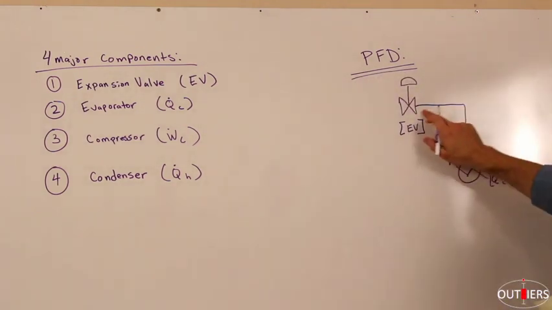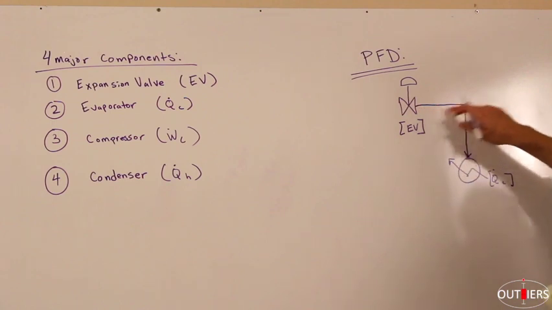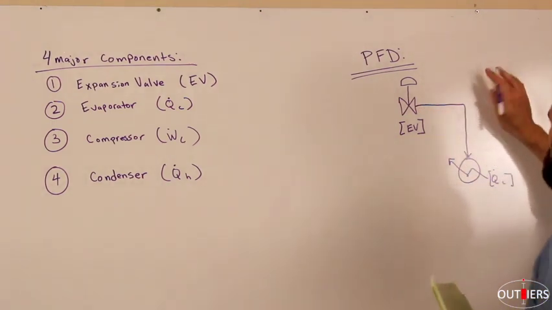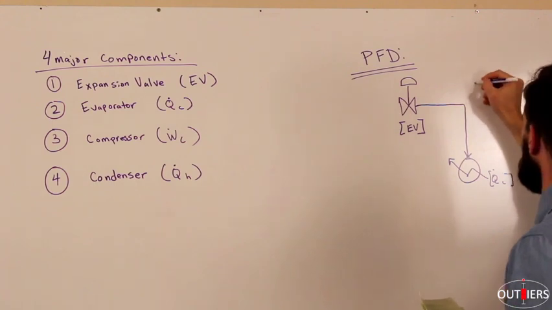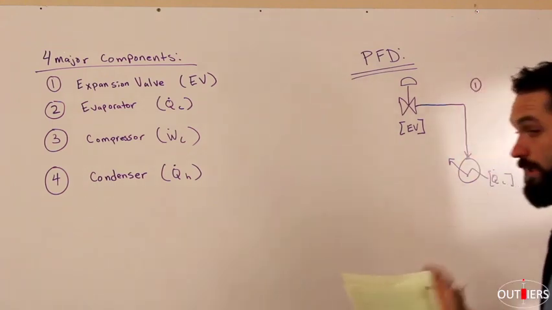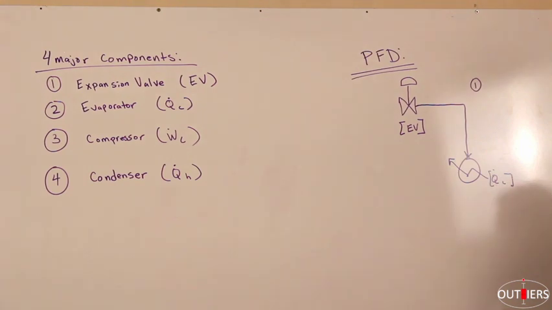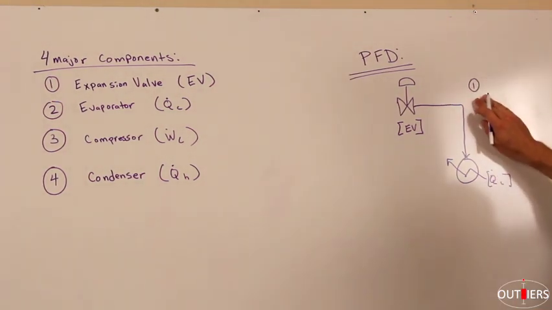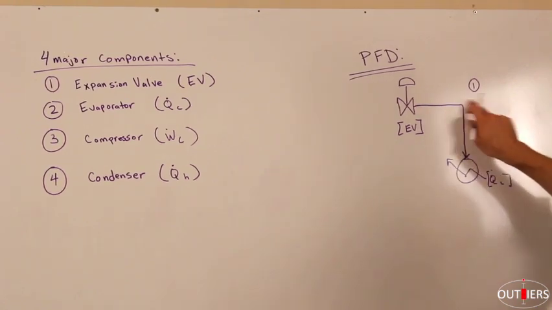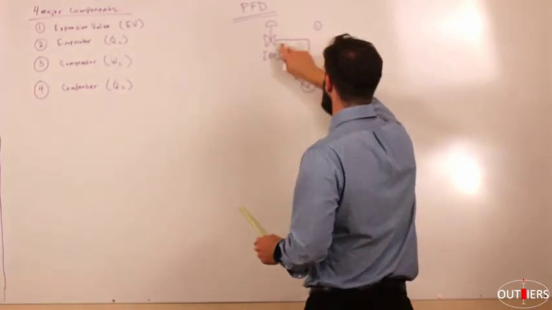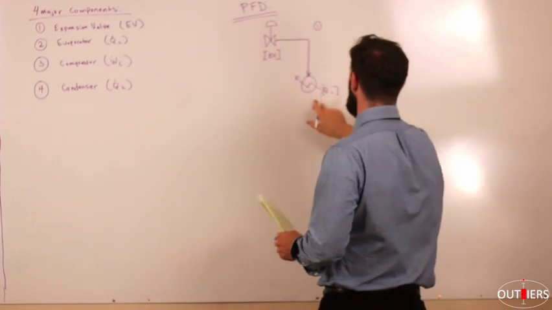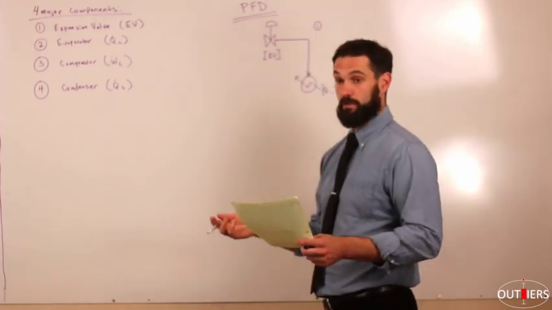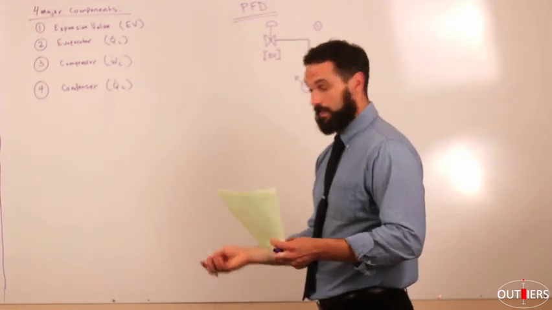Now, as the working fluid travels out of the expansion valve to the evaporator, we're going to term this state right here state 1. We could call it state A, we could call it state 25. Doesn't matter. We just want to label this to say, okay, when we say state 1, we're talking about the working fluid in between the expansion valve and the evaporator. So if your teacher labels this as something different, he or she is not wrong.